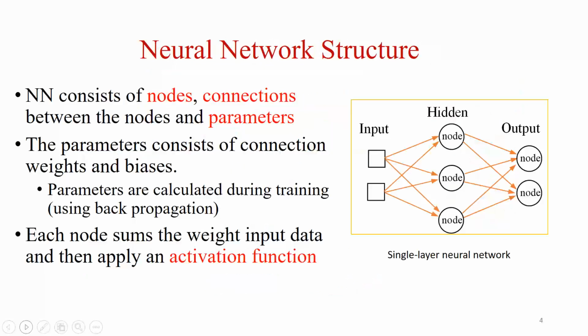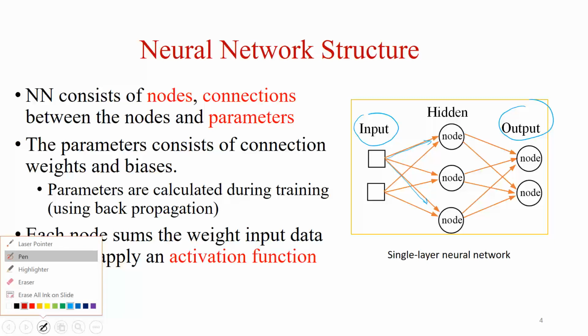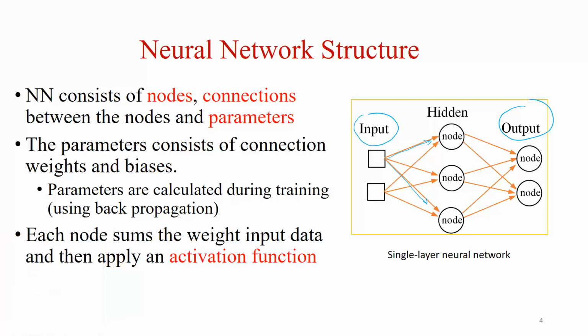The structure of a neural network: basically we have input and output, like any computing system, and the input fans out with connections to internal nodes, as you can see right here. You can see these connections between the input and internal nodes.